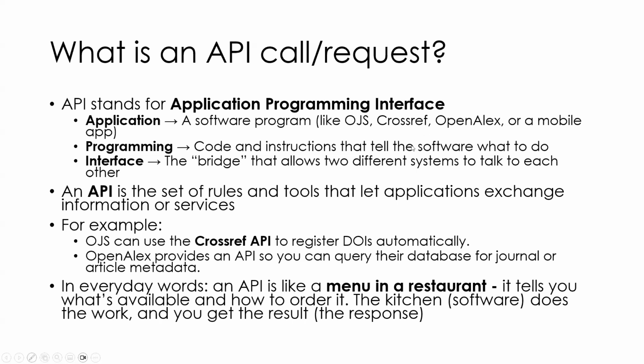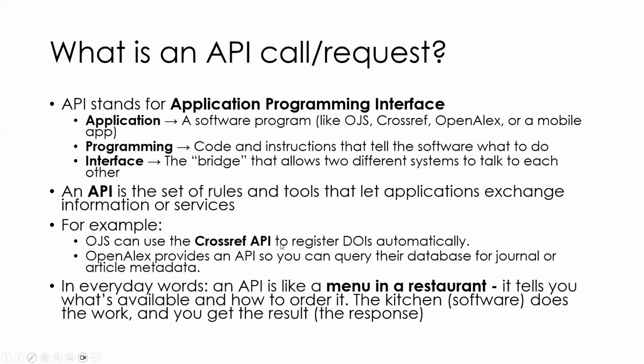OJS, Crossref, OpenAlex are applications, and the programming part is the code and instructions that tell the software what to do. The interface is the bridge that allows two different systems to talk to one another. So an API is the set of rules and tools that let applications exchange information or services.